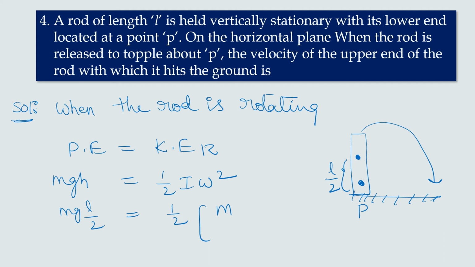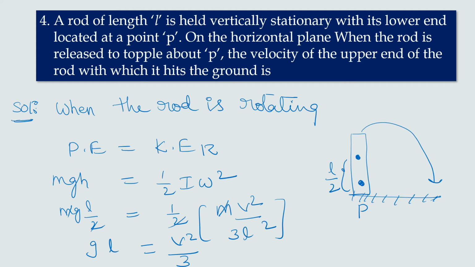m v square by L square. Here m gets cancelled, the 2 gets cancelled, and the remaining is gL by 2 is equal to v square by 6L square.